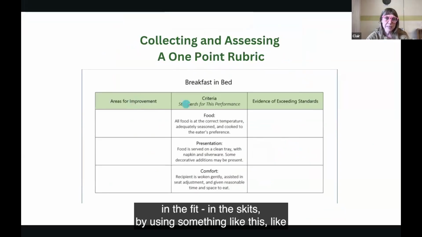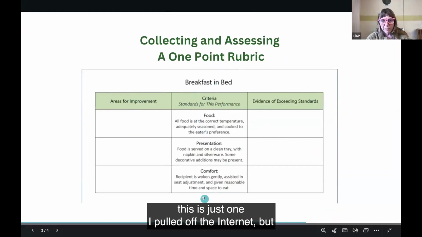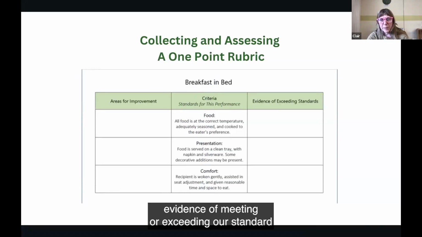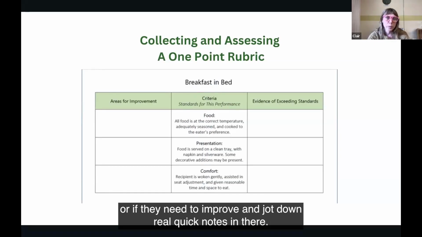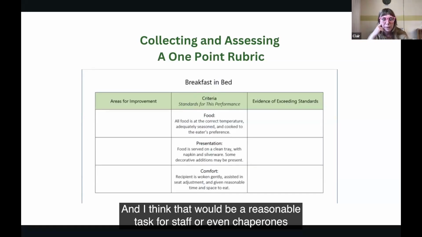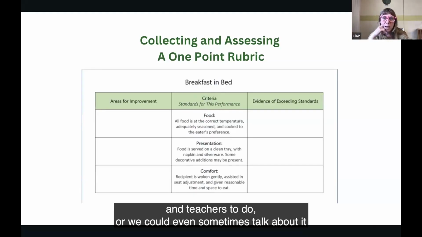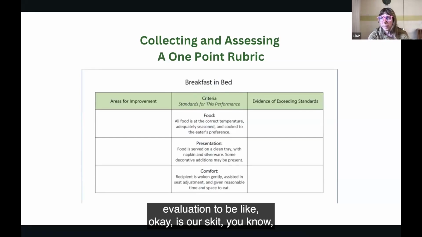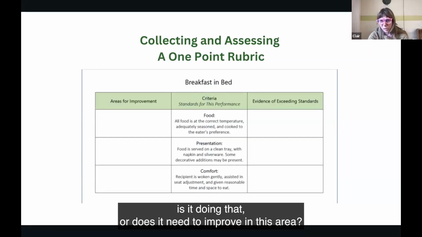This is just one I pulled off the internet, but we could tailor it to the skits and decide whether they're showing evidence of meeting or exceeding our standard or if they need to improve, and jot down real quick notes in there. I think that would be a reasonable task for staff or even chaperones and teachers to do. Or we could even talk about it when they're creating their skits and help them use that 1-point evaluation to ask, is our skit doing that, or does it need to improve in this area?